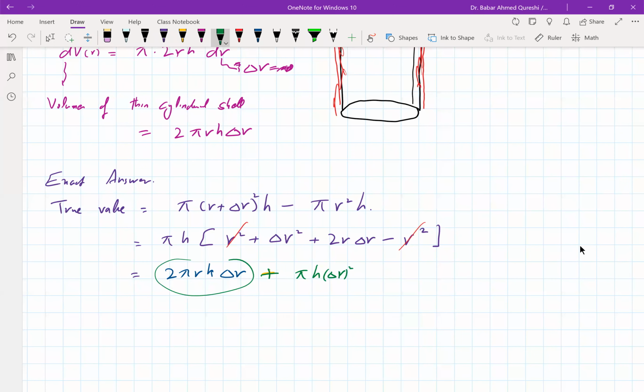So we had got the first term and this was missing. So this is the error.